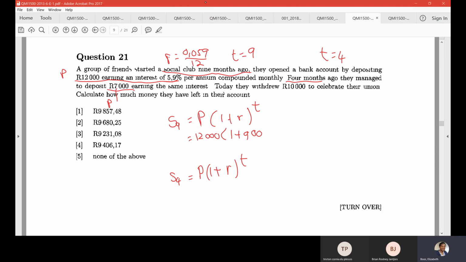But when you're doing the calculations, remember to use all of the numbers. I'm going to stop right there. To the power of 9.